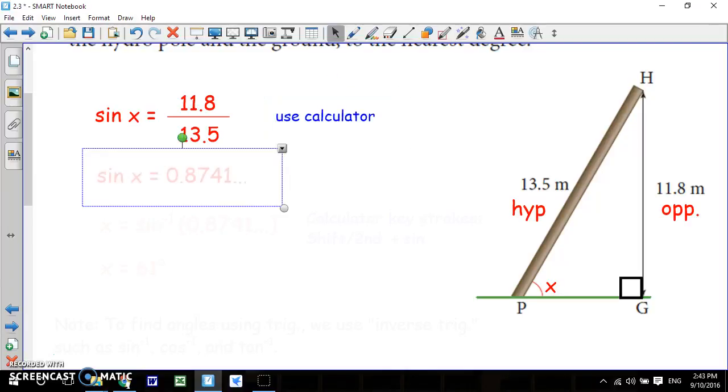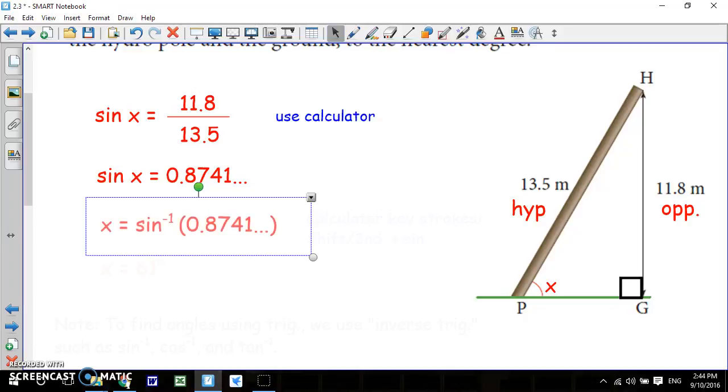Keep this number on your calculator, 0.8741... And then we can isolate X by calling out the inverse sine function. The symbol for inverse sine is sine with a superscript -1.